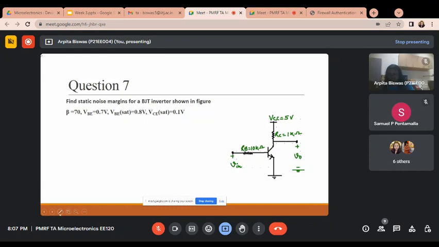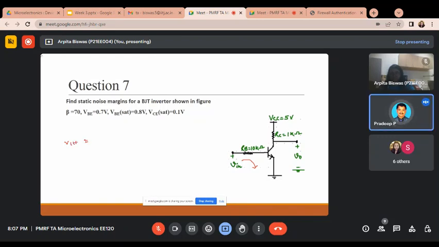So we're discussing about the VIH. So again, take this loop. Madam, you can write down the VIH equation directly. No issue.